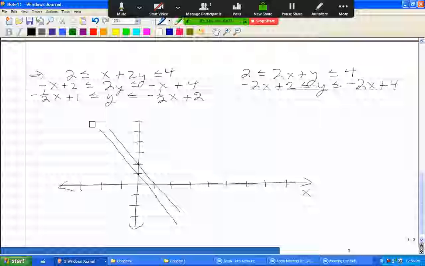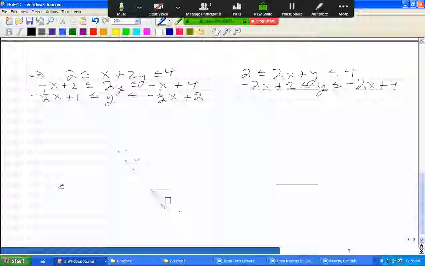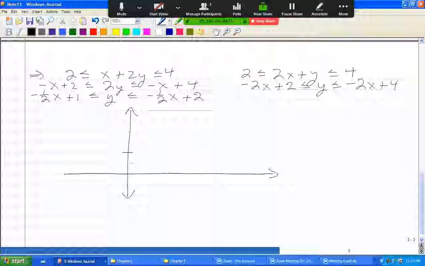Let's draw it bigger because my drawing is not good enough for the scale that I've drawn this thing. So 1, 2. 1, 2.